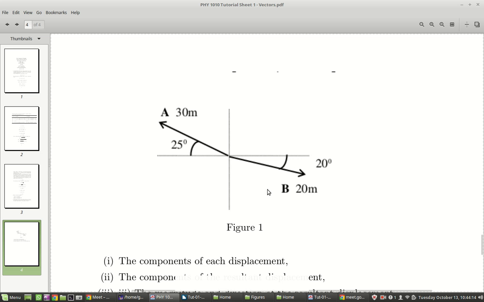If you want to do calculations properly, you measure your angles from here, then you go like that, up to there. So in the case of A, the angle is going to be 180 degrees minus 25 degrees. In the case of vector B, the angle is going to be 360 degrees minus 20 degrees. That is going to be theta, and that's what you use. Is that clear?